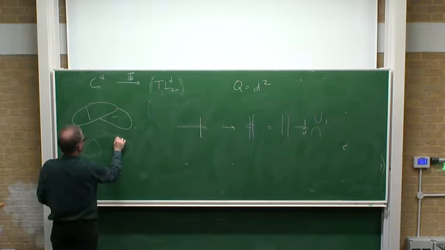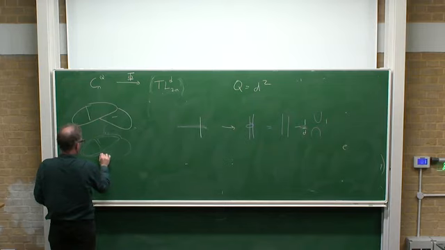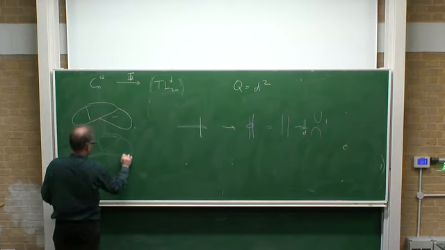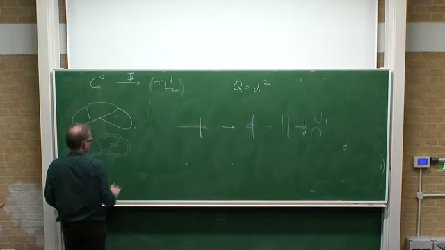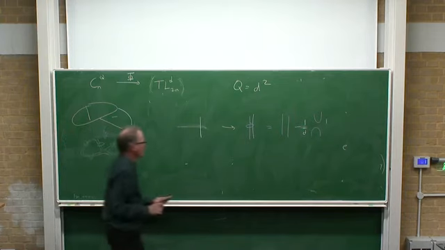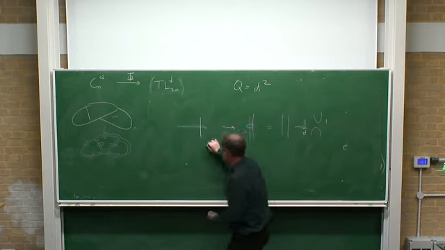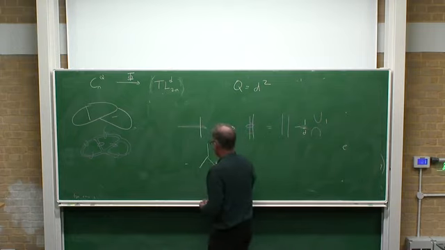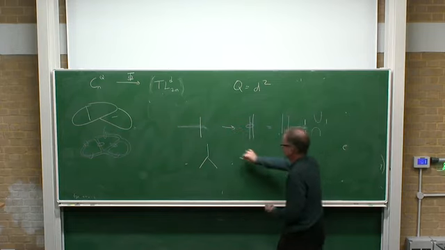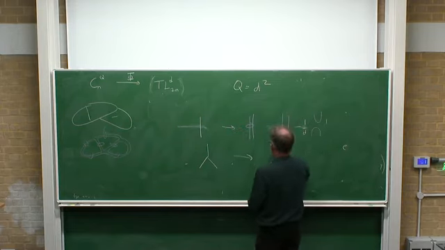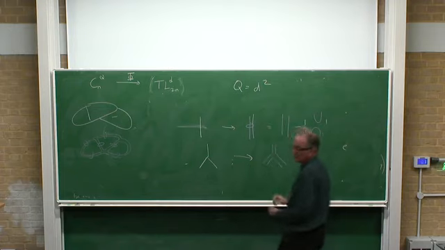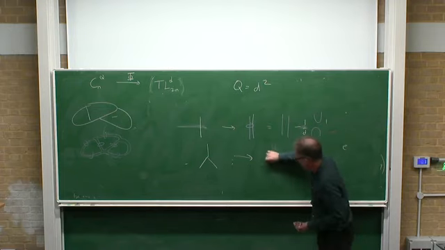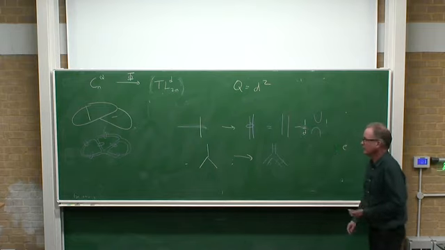Sorry, I prematurely drew the picture. So now when I have a vertex in the original picture, I replace it with those lines, notice they don't intersect, and then I put this projector on there.